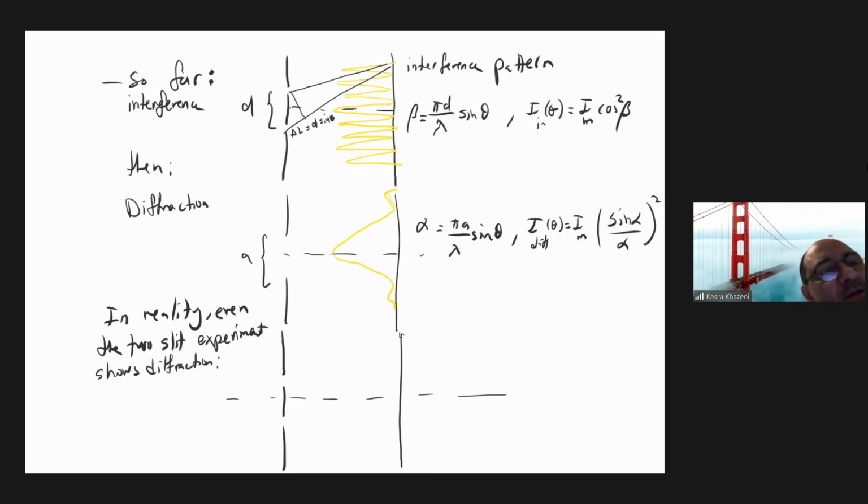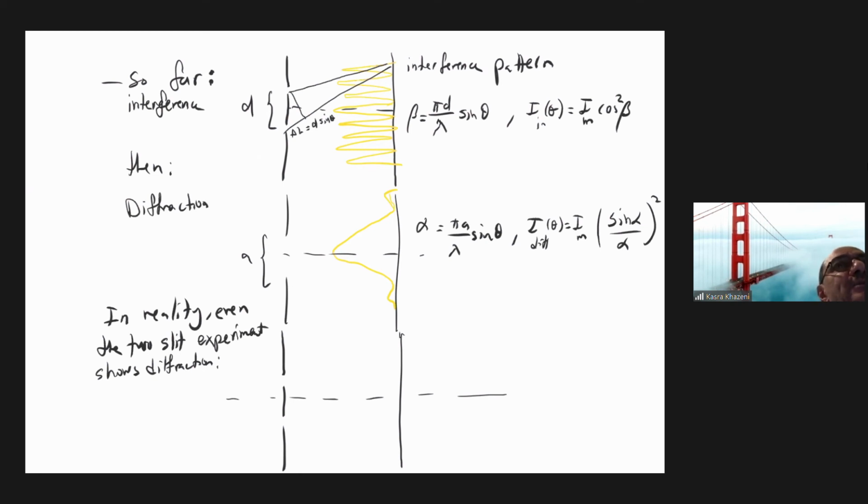So the thing that we drew on the top, which was the interference pattern, because now we know diffraction, which is just light going through one single opening, produces a diffraction pattern. Therefore, we have to modify our interference, because each of those openings should produce a diffraction pattern as well.